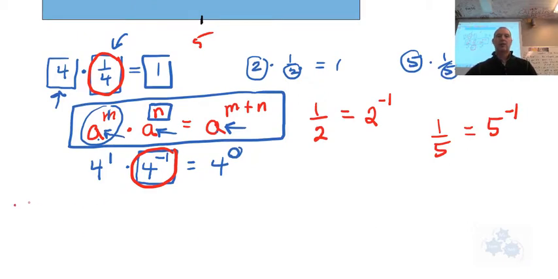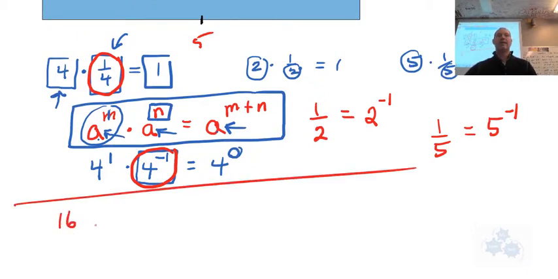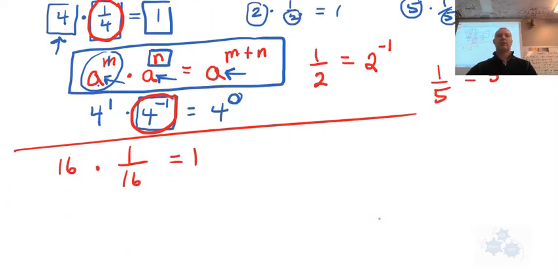Okay, let me show you another one. 16 times 1 over 16 should equal 1, right? That's 16 over 16 is 1. 16 is 4 squared. 1 is 4 to the 0. So what is 1 over 16? That's got to be 4 to the power of what?